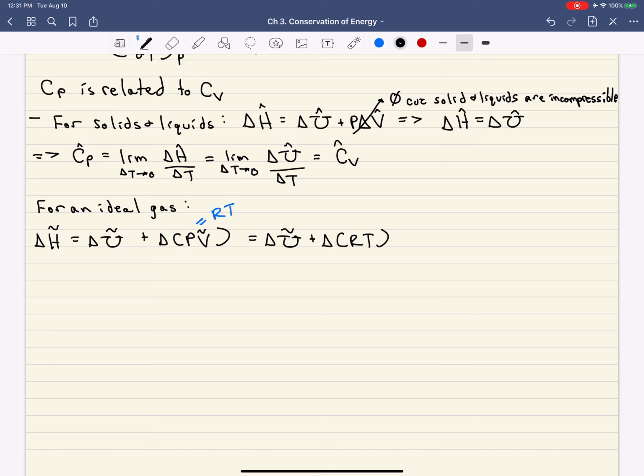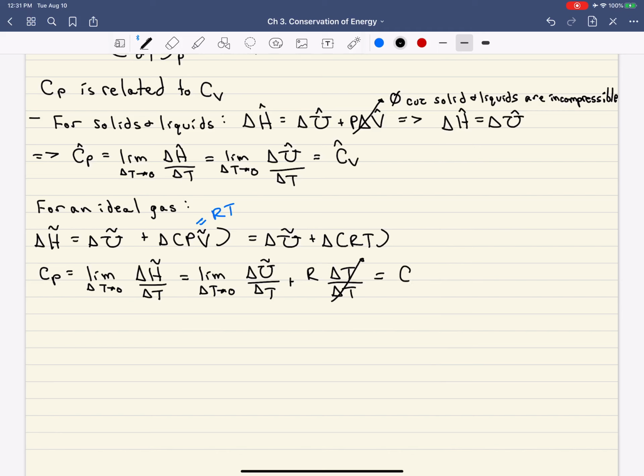And so if we take this and plug it into the definition of the constant pressure heat capacity, what we get is delta H over delta T can be replaced by this statement, where we have delta U over delta T plus, we could pull out the R because it's a constant, and we have delta T over delta T. These will cancel.